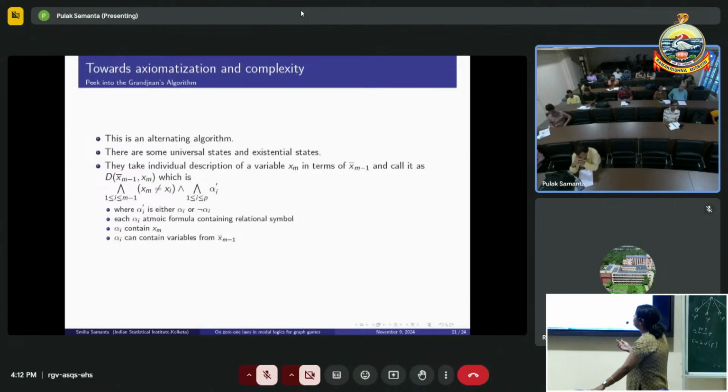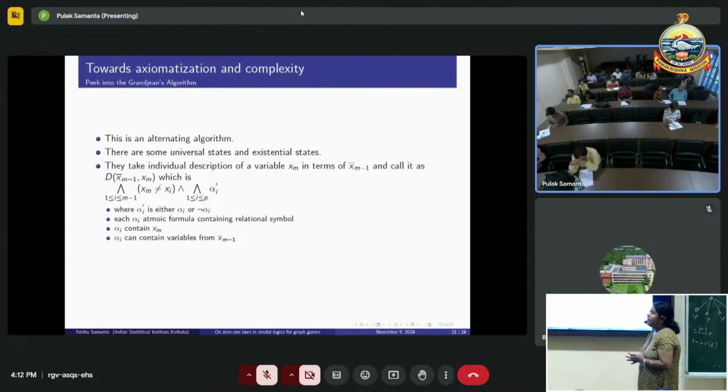They take all atomic formulas containing relational symbols and how they are related with the existing variables x1 to xm minus 1. These are called individual descriptions.